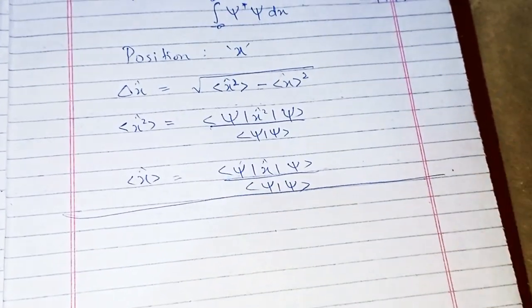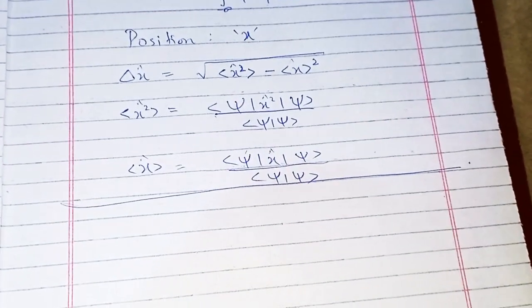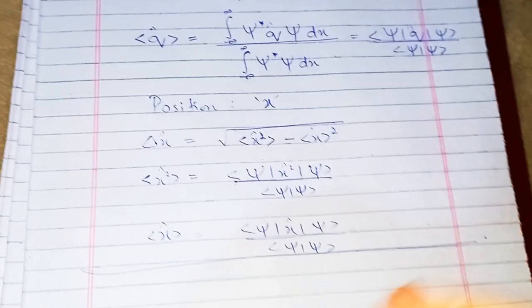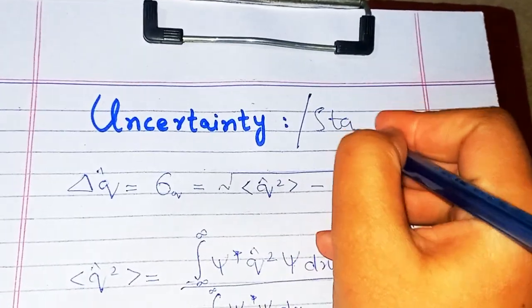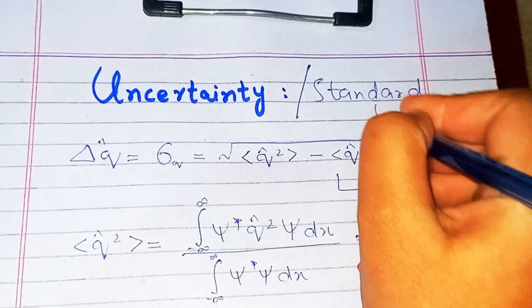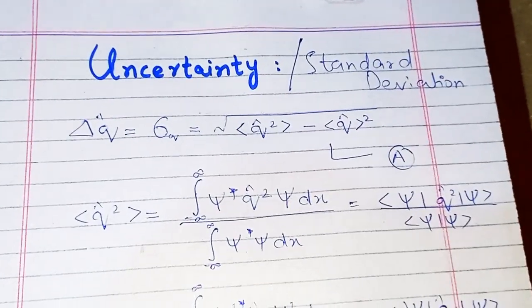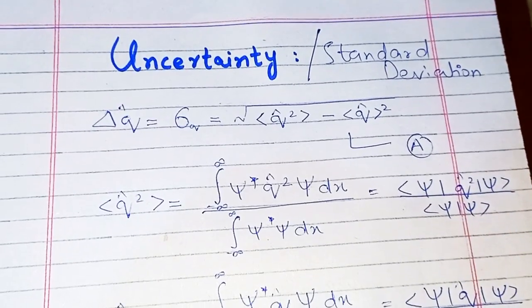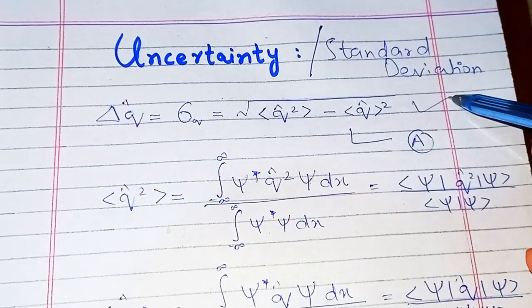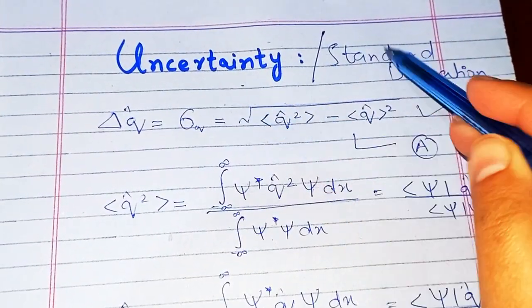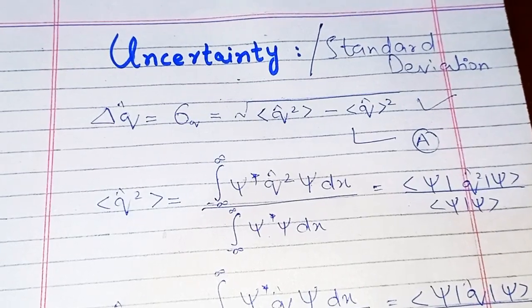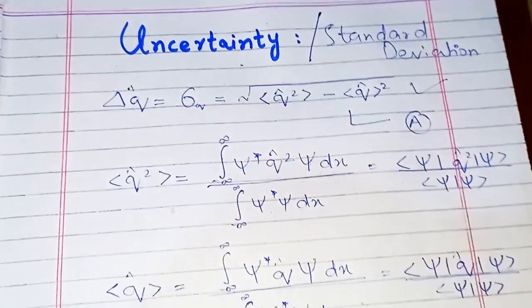Now there is a relationship between uncertainty and standard deviation. Actually, they are equal to each other. Both of them have the same formula. So if they ask you to calculate the standard deviation in position or in any observable, you'll use the same formula. Uncertainty and standard deviation are the same quantities, and you should know it.